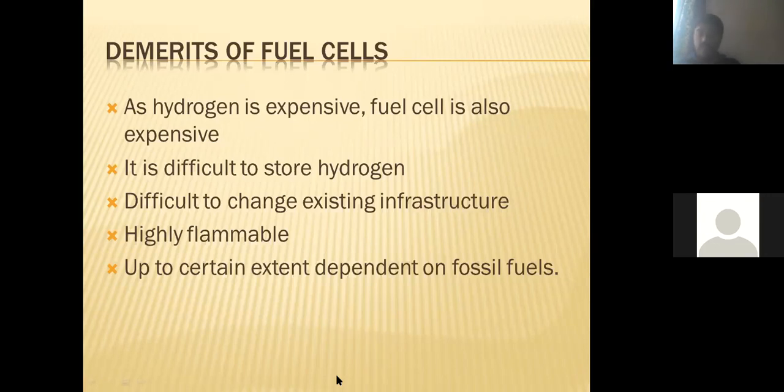That was another problem. Why is this hydrogen content so problematic? It's highly flammable. If it is coming out, just like our LPG gas, it is going to be highly flammable, right? These are the basic disadvantages we have.